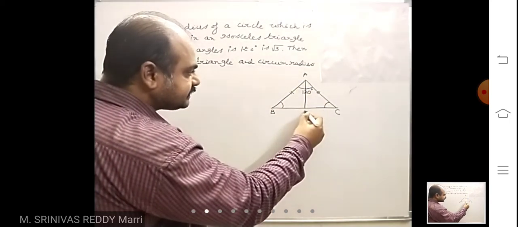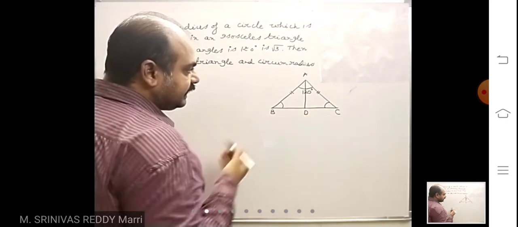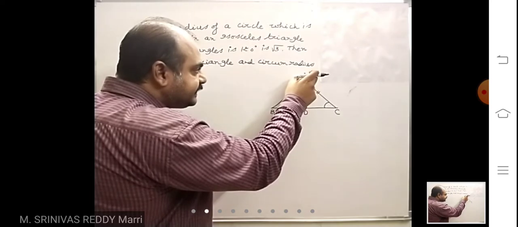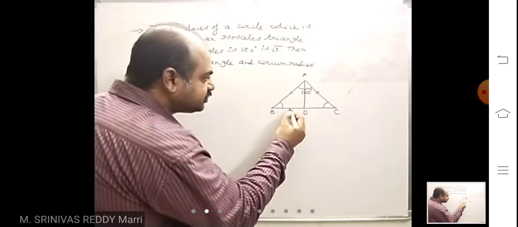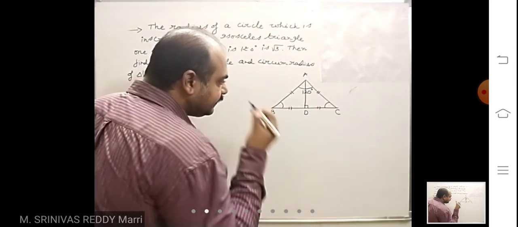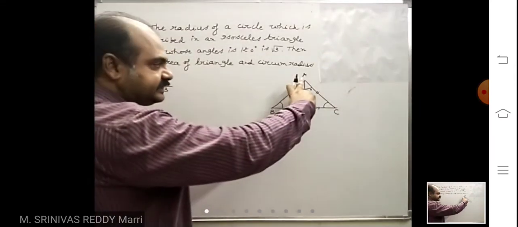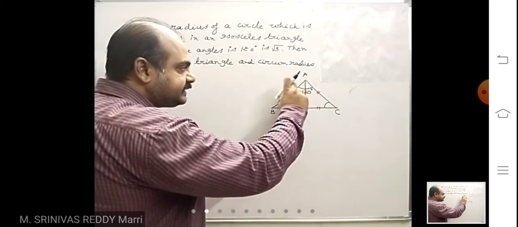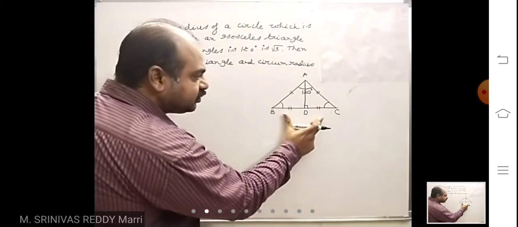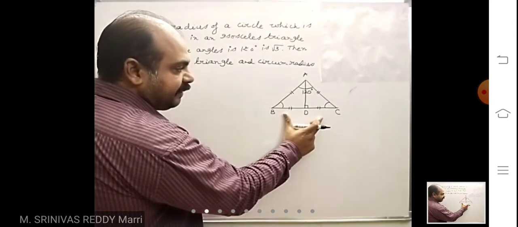In an isosceles triangle, the bisector bisecting the vertical angle will also bisect the side BC perpendicularly. In an isosceles triangle only it will be like this. The bisector which is bisecting the vertical angle will also bisect the base perpendicularly.